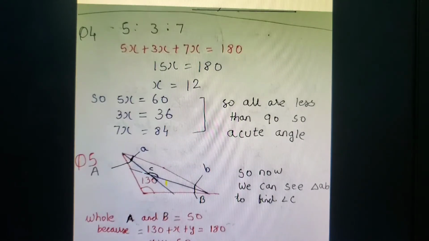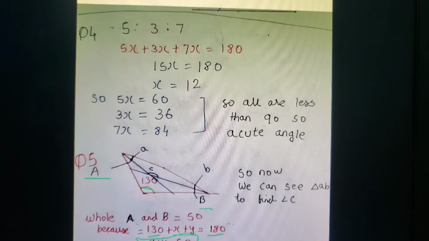So here we have to find this angle, angle C, if you read the question carefully. So now we have taken the bisectors, and this angle is given as 130. So big A plus big B plus 130 is equal to 180. So A and B added, their sum is 50 degrees.